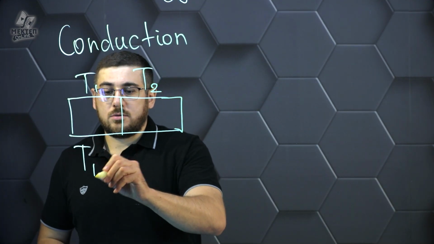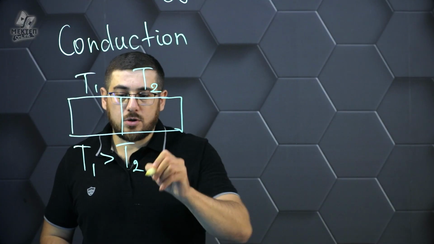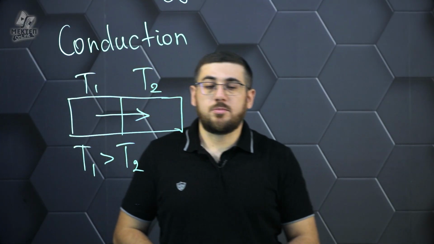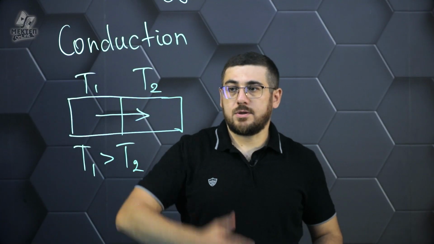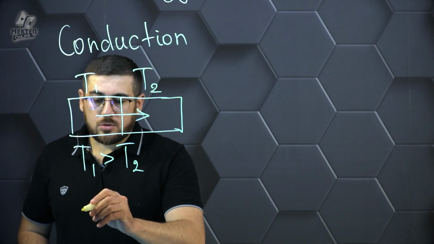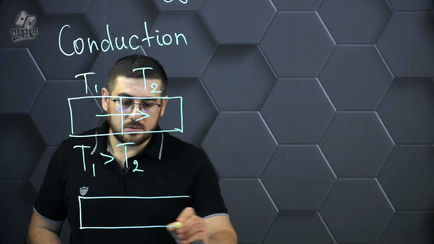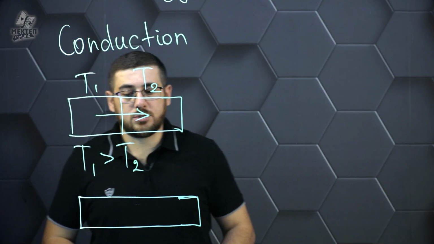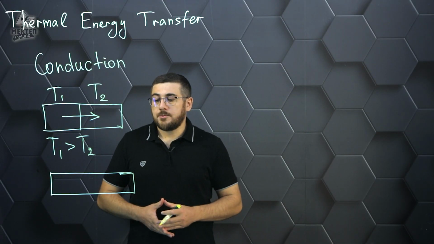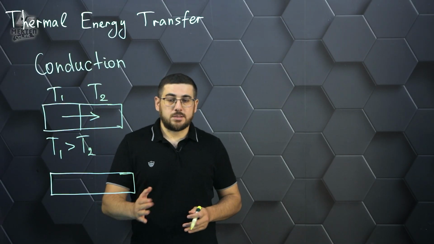For example, if the first object has a higher temperature than the second object, then the direction of heat transfer will be unambiguously determined in the direction of the body with lower temperature. Or for example, we have some object, let's say a steel rod that we start heating at one end.